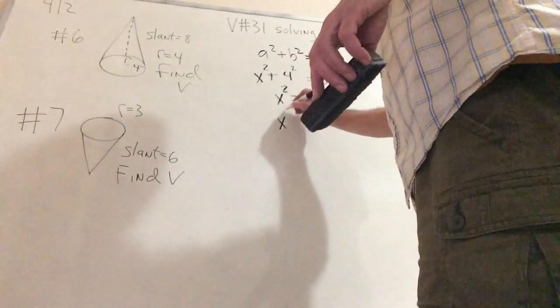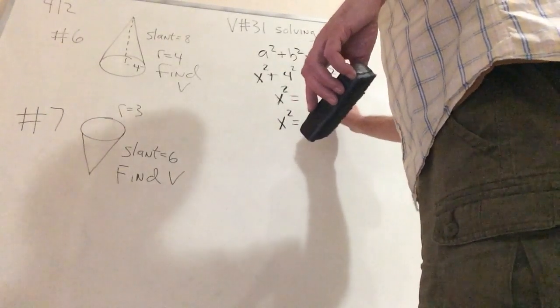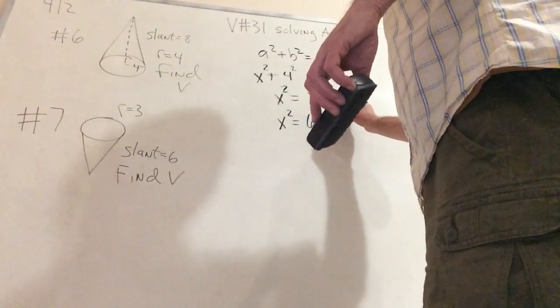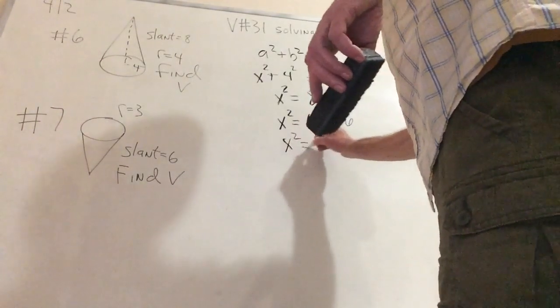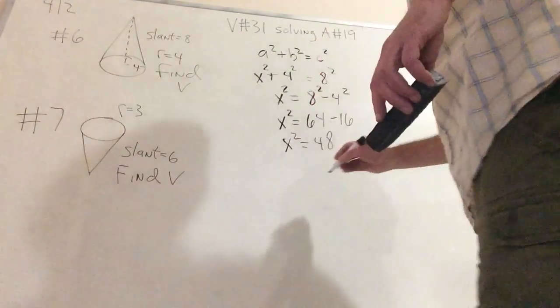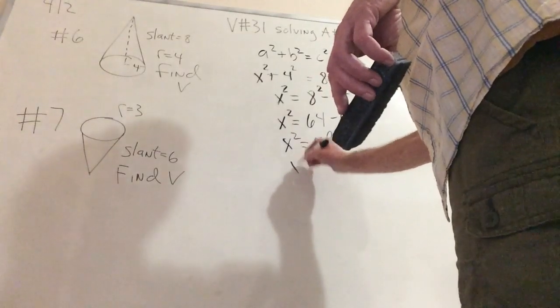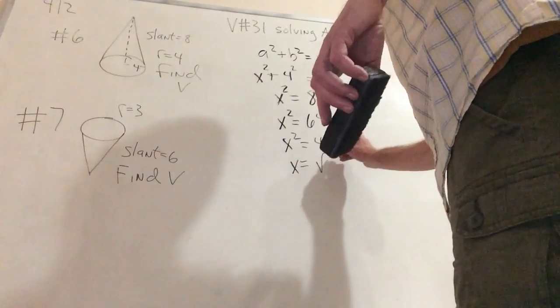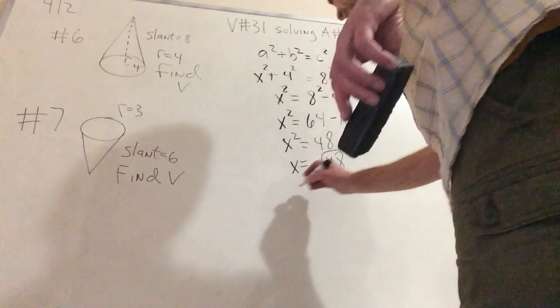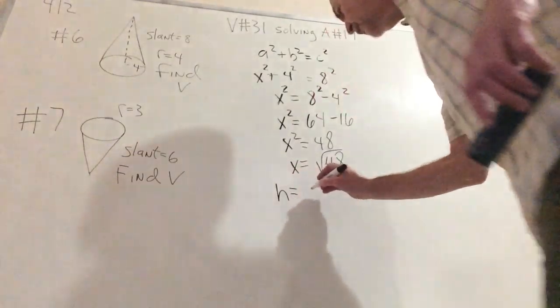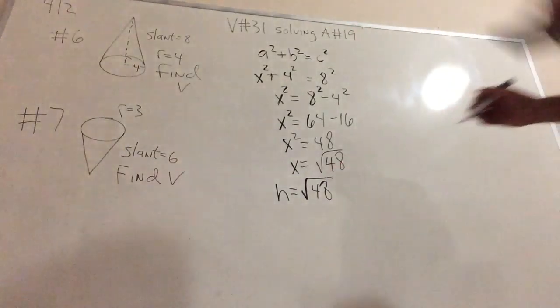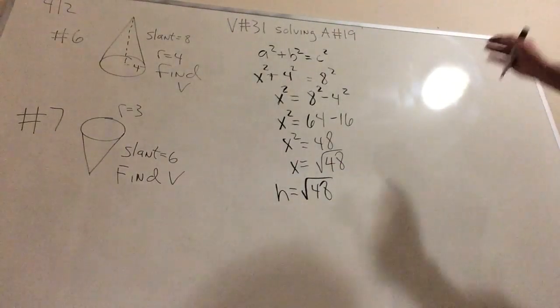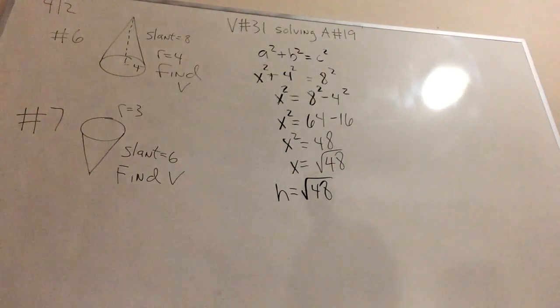We have x squared equals 64 minus 16, and that means that x squared equals 48. And that means that x equals radical 48. Let's immediately transform it into h. So h equals radical 48. So far, just normal type of stuff.